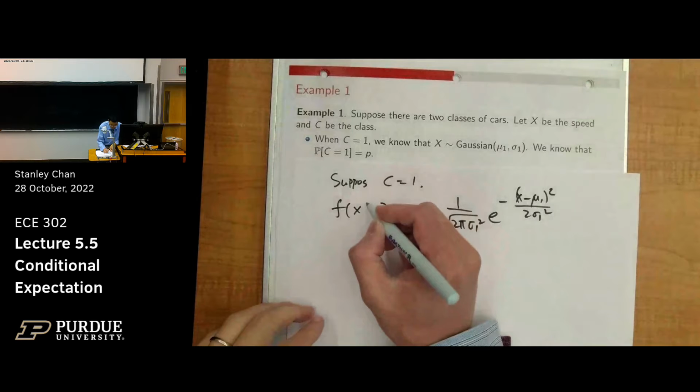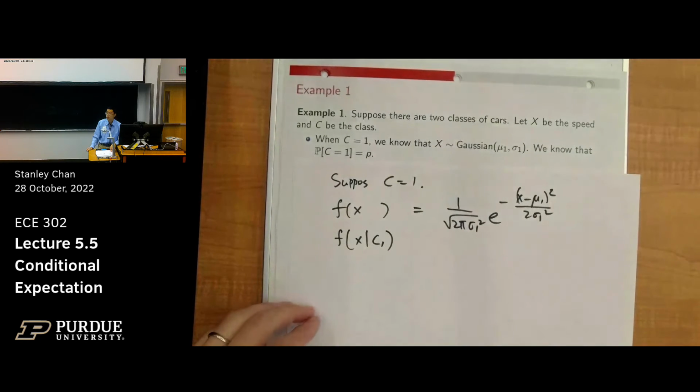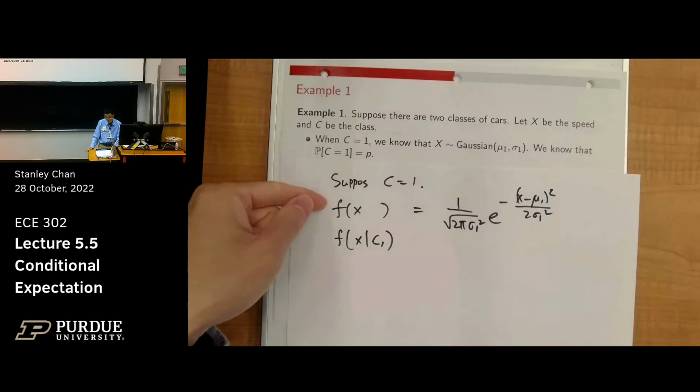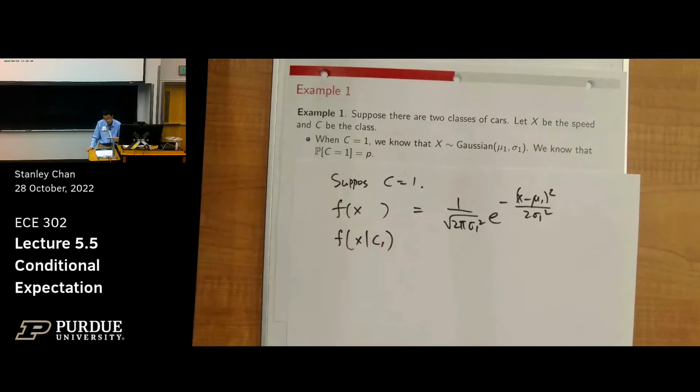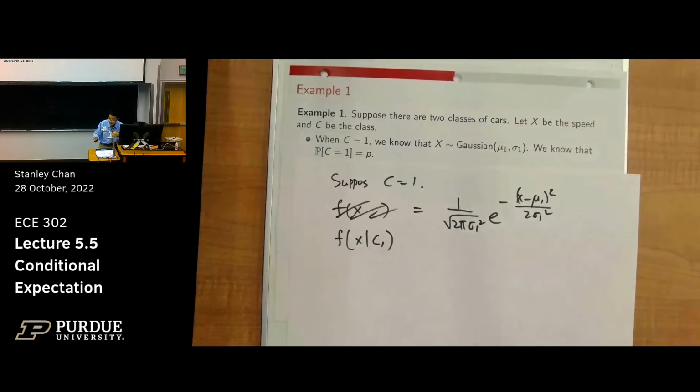You have two choices, this or this. Which one? Is it a generic distribution for the speed x, or is it a constrained set where x is constrained on class 1? Constrained. Okay, I hear that, constraint. So it is this, x given class 1.